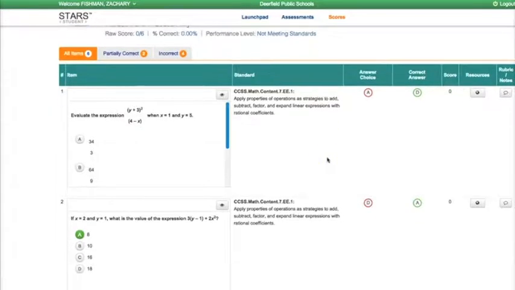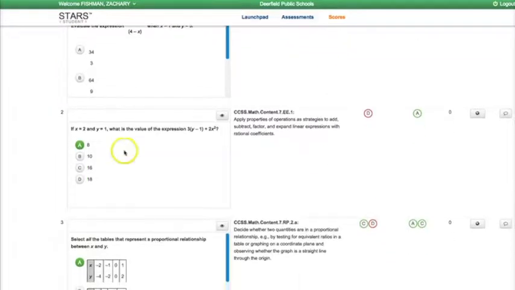Number 2 on this sheet says if x equals 2. Now on my test that I made up, that was actually question 3. So again, because of randomization, we have a 2 here when it was really the 3rd question I took. Now my answer I picked, because I wrote this down, was 18.